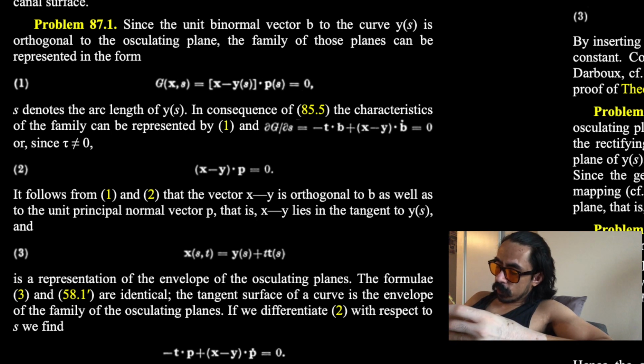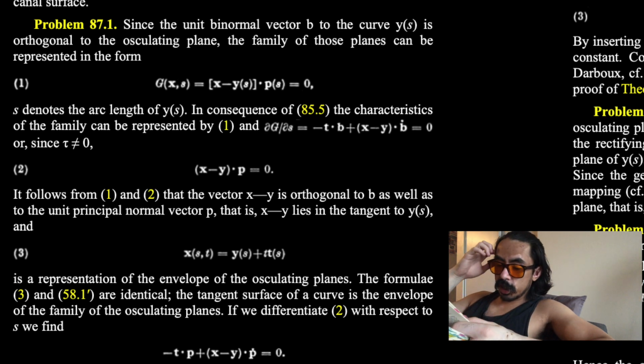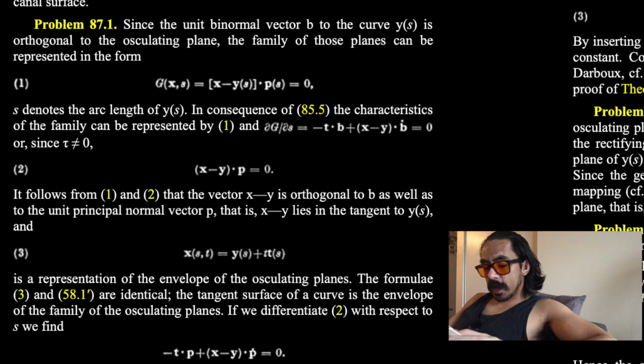In consequence of the definition for the characteristic of a surface with respect to its corresponding family of surfaces, the characteristics of the family can be represented by G = 0 and ∂G/∂s = −t · b + (x − y) · ḃ = 0, or since tau is non-zero, (x − y) · p = 0.